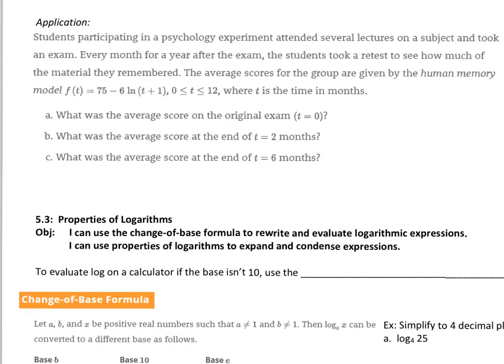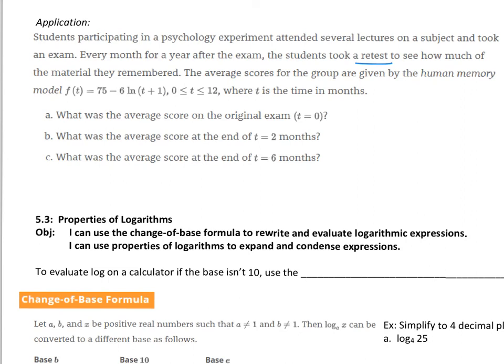All right. The nice thing about these application problems, everybody, is you're going to be given the equation. We don't have to generate it. We just have to plug things in, kind of like the tiger shark problem in 5.1. It says students participating in a psych experiment attended several lectures on a subject and took an exam. Every month for a year after the exam, the students took a retest to see how much material they remembered.